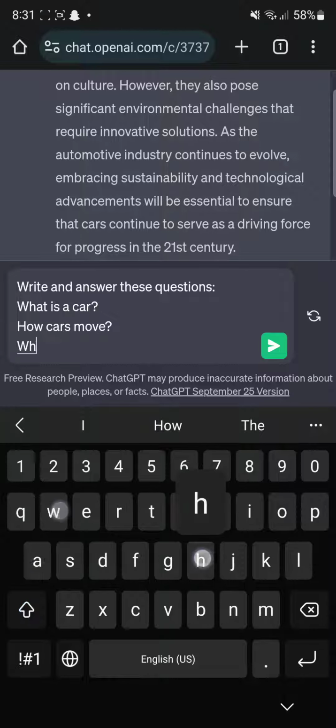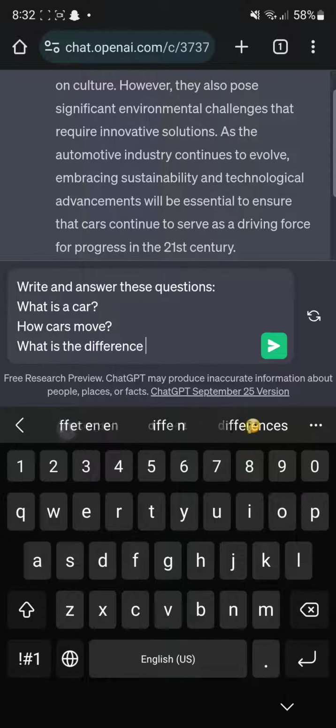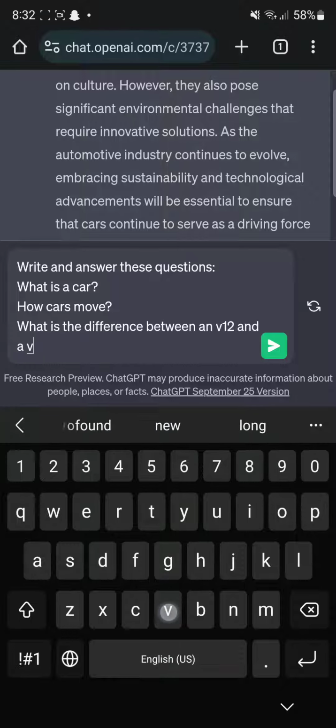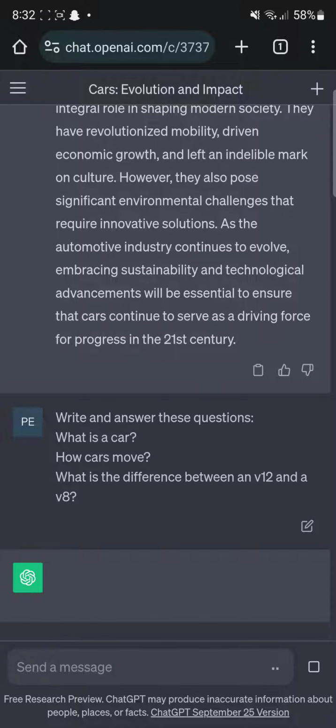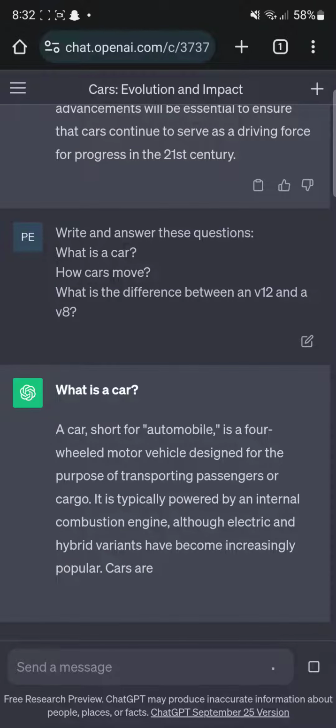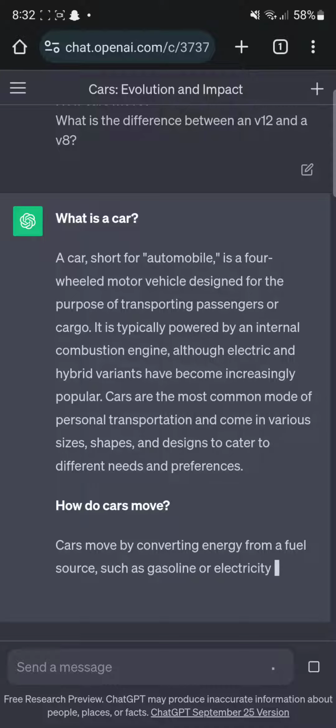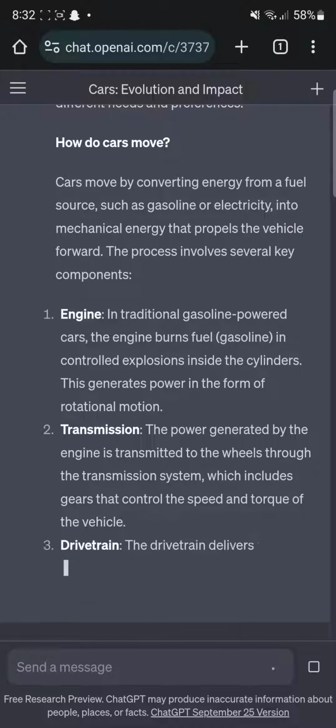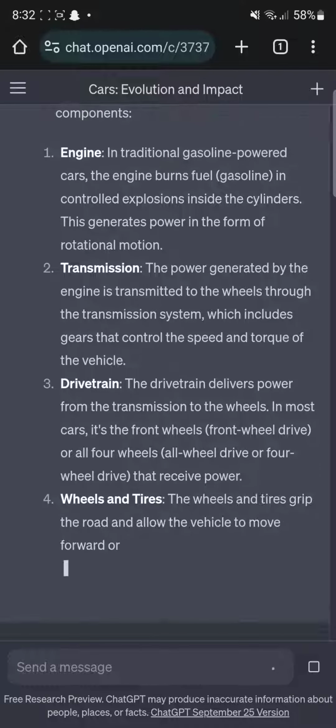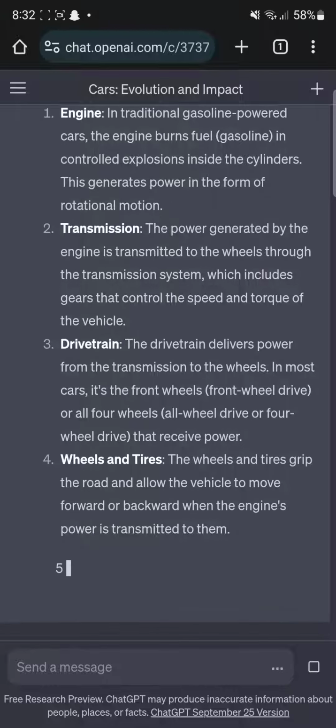Okay. What is the difference between a V12 and a V8? Okay. I'm just going to write these questions, and ChatGPT is going to basically write and answer these questions. After I did some research, this way actually cuts plagiarism really well.